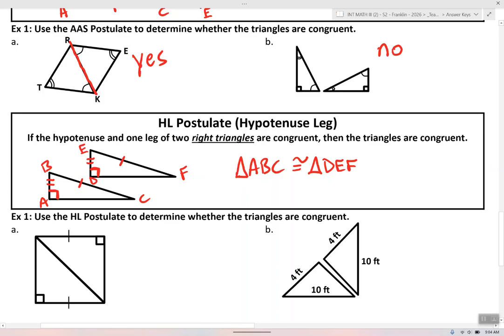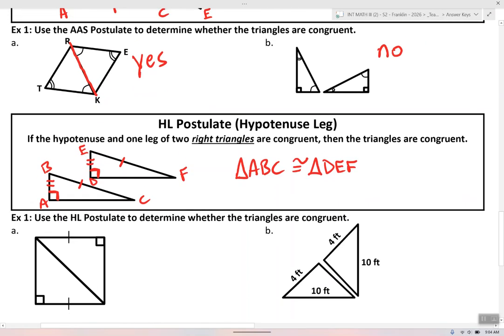Having one angle and two sides only works if that is a right angle. It doesn't work otherwise.